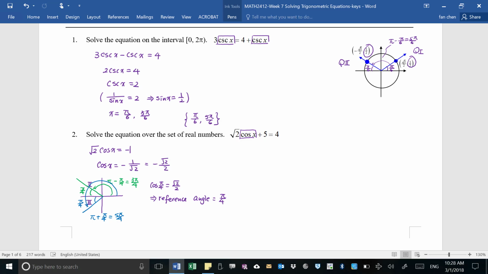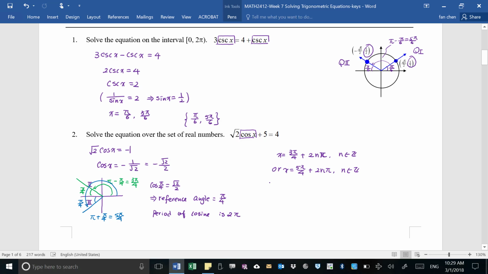And consider the period of the cosine function is 2pi. So therefore, your solution x can be 3pi/4 plus 2n pi, where n is an integer, or x can be 5pi/4 plus 2n pi, and n is any integer.